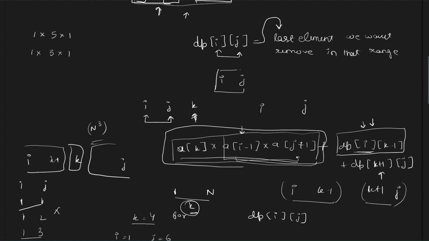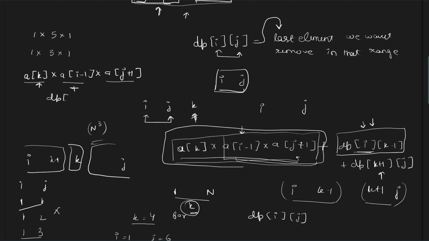So if in the range i comma j, I want to remove an element k last, the total value that it will contribute is a of k into a of i minus 1 into a of j plus 1. Now there are also some other contributions in this range.